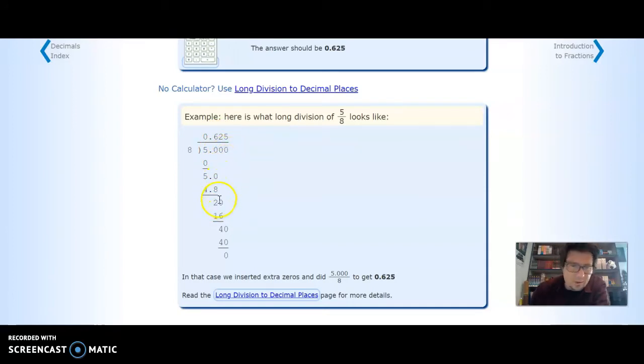Bring down another 0. 8 goes into 20 2 times, which is 16. 20 minus 16 comes out to 4. Add that last 0 there, and finally it evens out. We have 625 thousandths. That's how you do it with regular division when you do not have a calculator. I want you to see how it works.